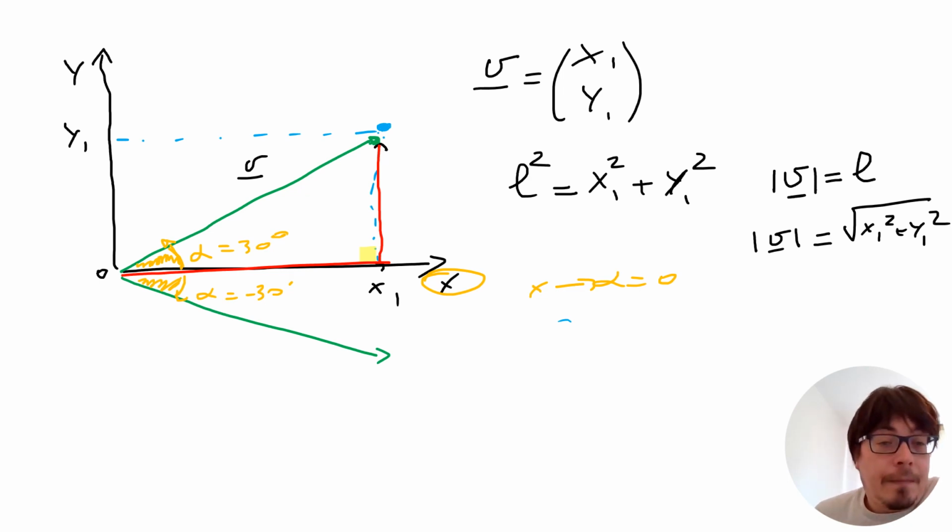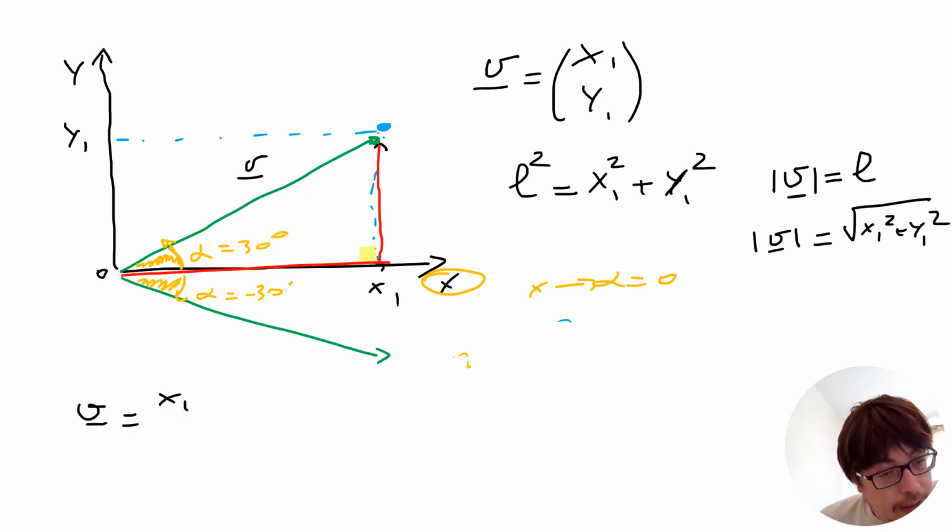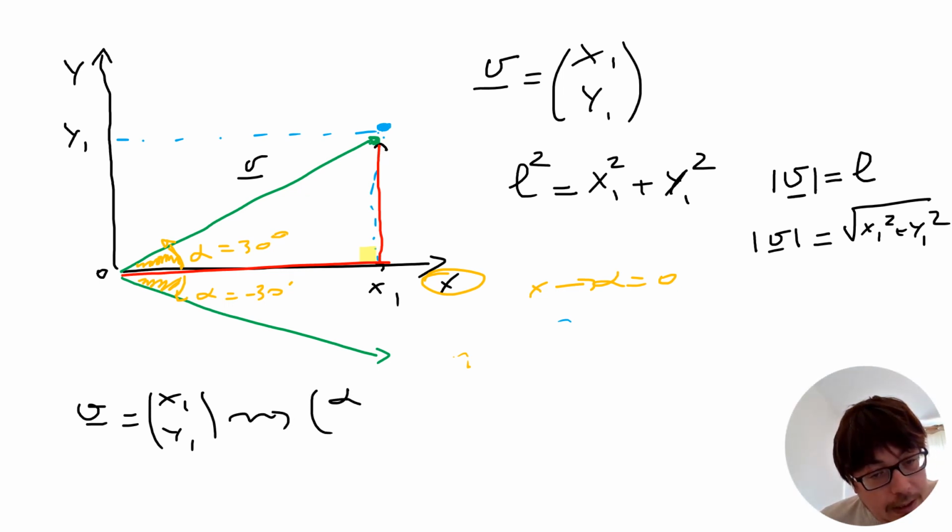With an angle and the length, it's equivalent to giving the two coordinates, but this is another way to address the specifics of a vector. So the vector can be represented as a pair of numbers x1, y1, but also by an angle alpha and the length L.